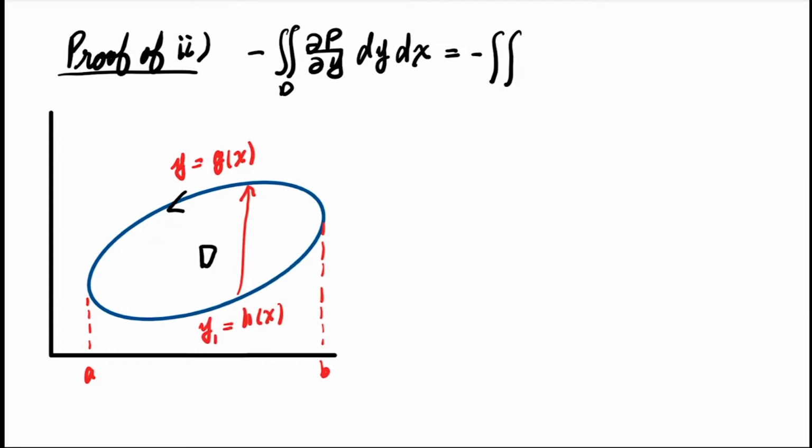How about that? This is y1 and this is y2, if you will. Are you with me? Then this double integral, I can say, outside is from a to b, and inside is from h of x to g of x. Correct? And then this thingy is the derivative with respect to y of your function P, which has two variables x and y in it.